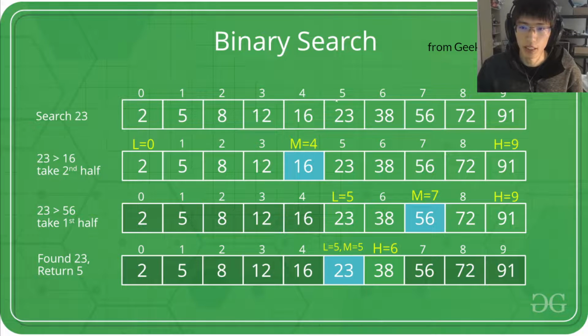So let's say you have this array here, you can check the middle, and let's say we're looking for 23. 16 is less than 23, which means that this entire region here, from index 0 to index 3, all these numbers necessarily cannot be greater than or equal to 23 because this is a sorted array. So you can cut the search space in half and keep on repeatedly doing that.